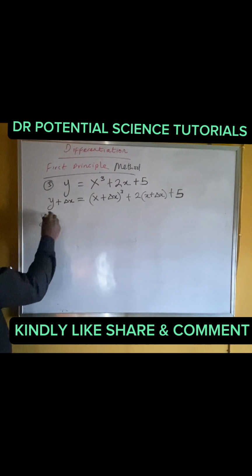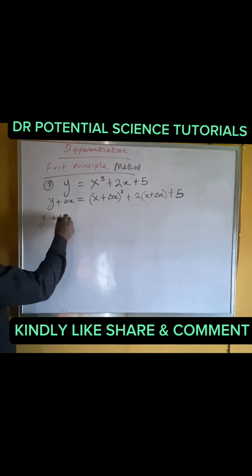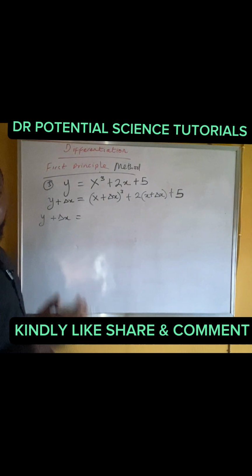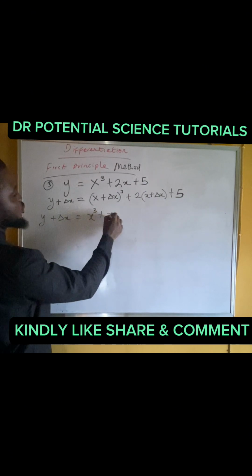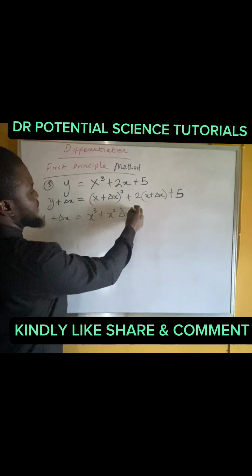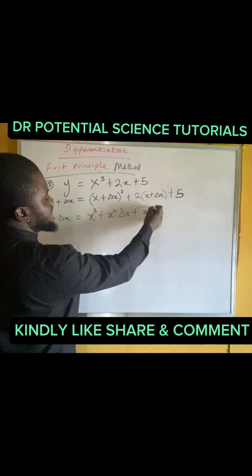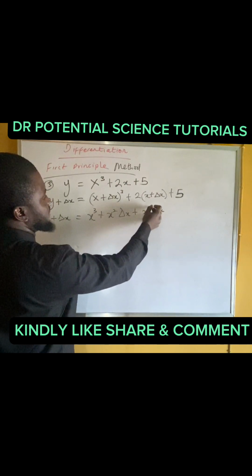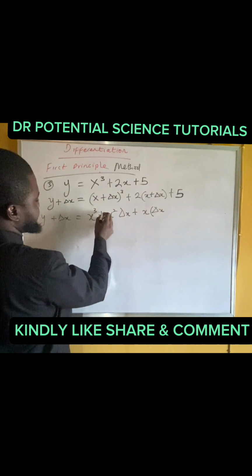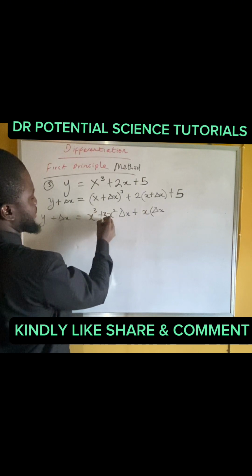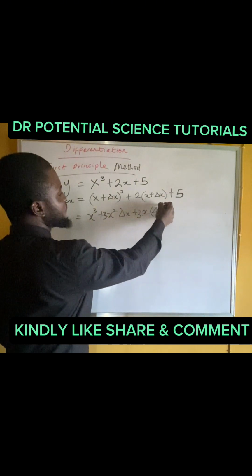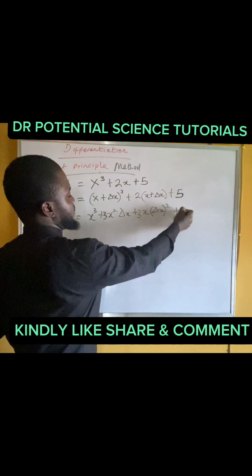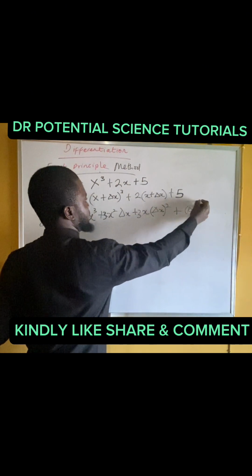So y plus delta y, if you expand this using the binomial theorem, we're going to have something like x cubed plus 3x squared delta x plus 3x delta x squared plus delta x cubed.